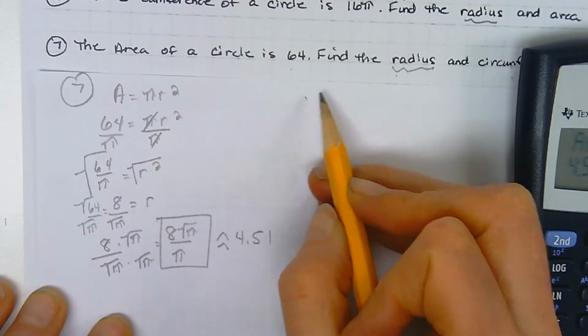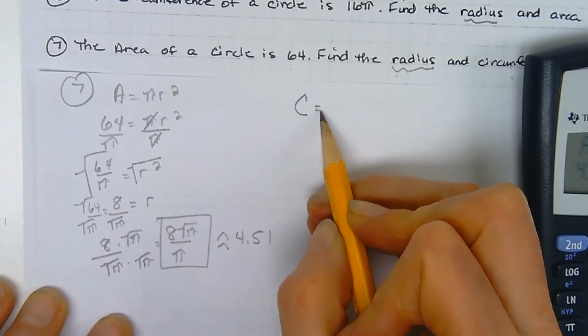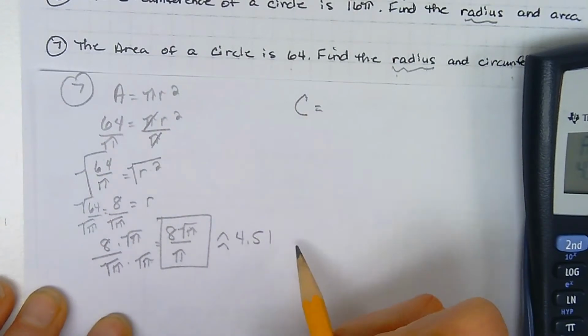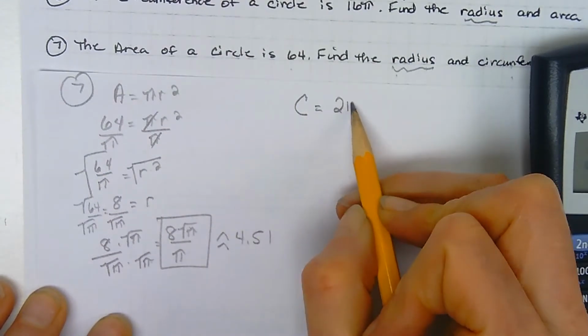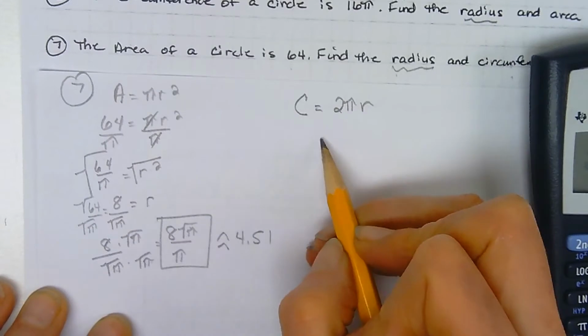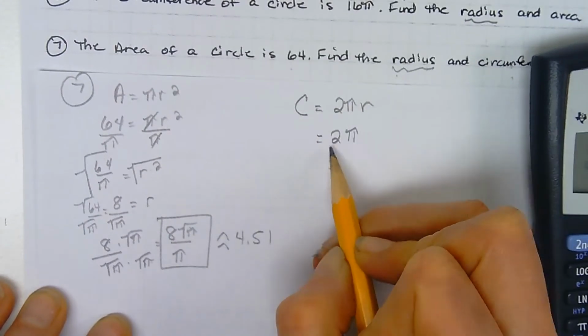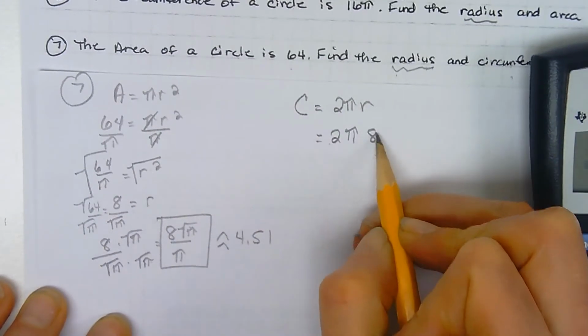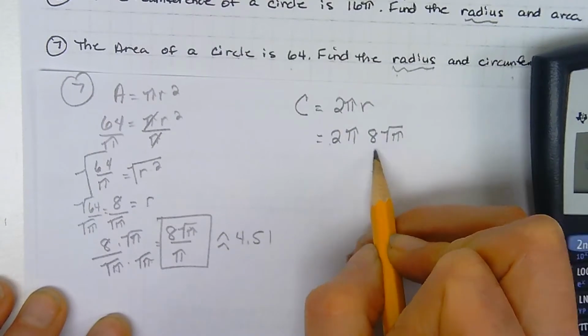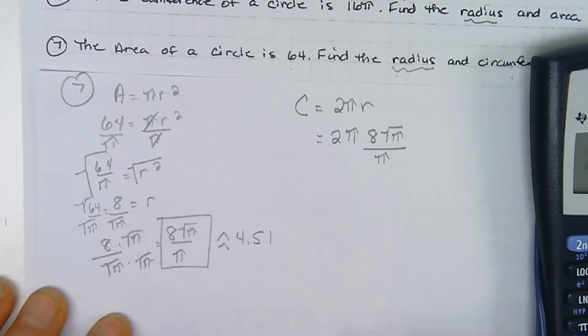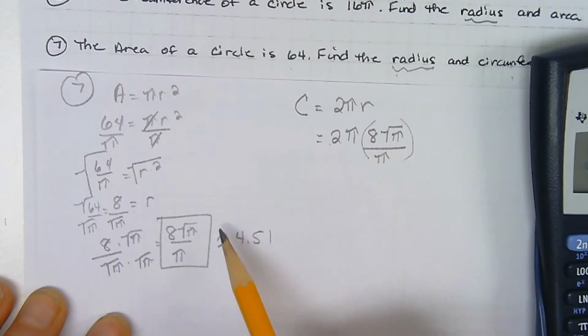Now to find the circumference, I'm going to use the exact answer. So the circumference of a circle is 2 pi r. The radius that we found, so 2 times pi, is 8 radical pi over pi. I'm just substituting in the radius that was found.